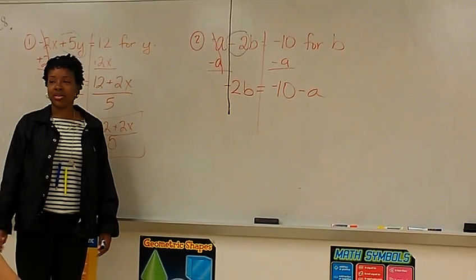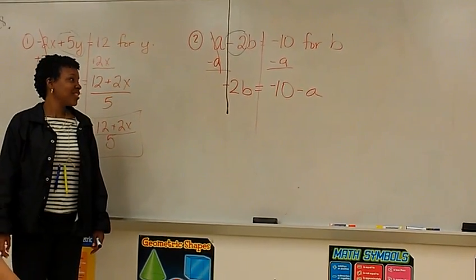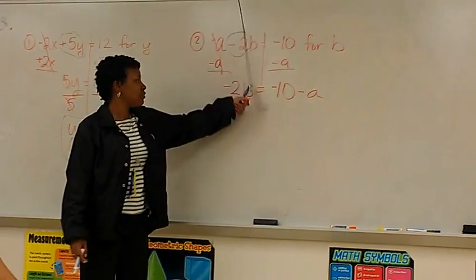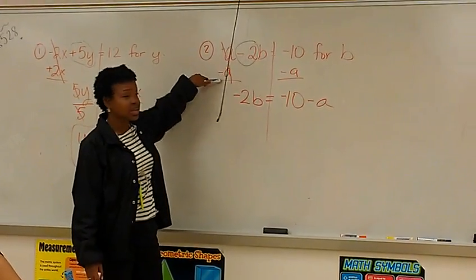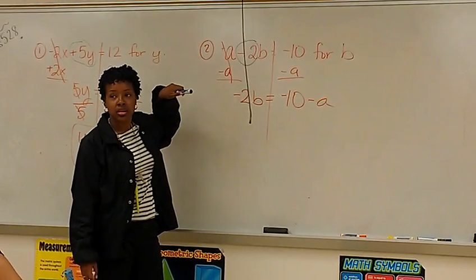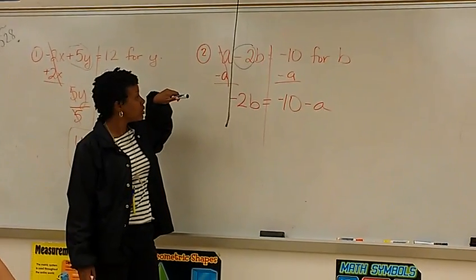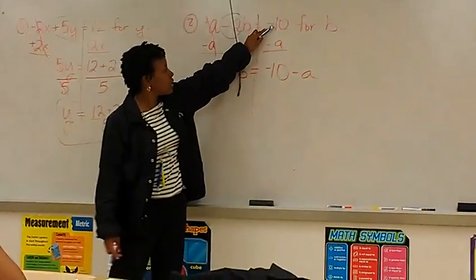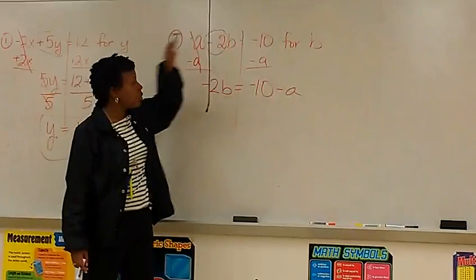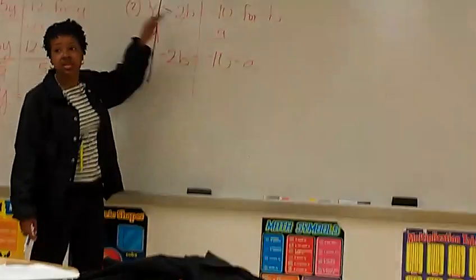Well, Mario, what do you need a minus for? Because we minus A from both sides. They added A, we minus A. On this side you got the negative 2B, but over there we got the negative 10 minus A. Negative 10 was already in the problem. Yeah. And we minus A from both sides.